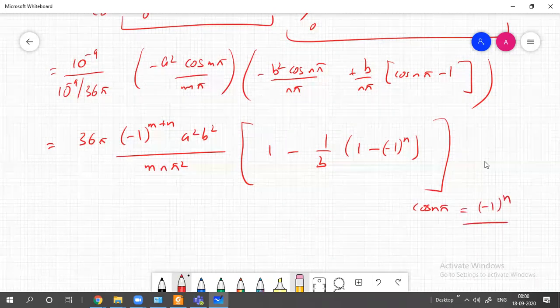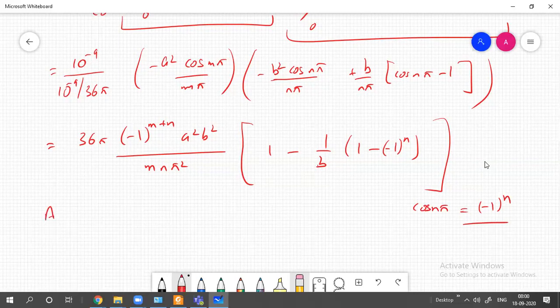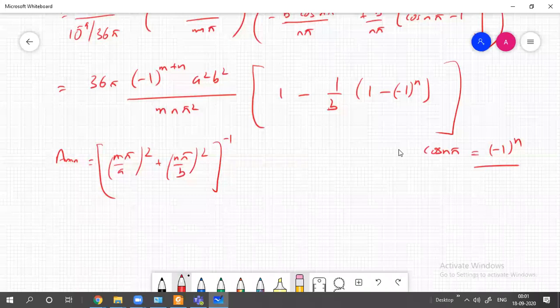Now you substitute the value of this integral in the main expression. So A of mn will be the inverse of (m pi by a) whole square plus (n pi by b) whole square, into this integral expression.